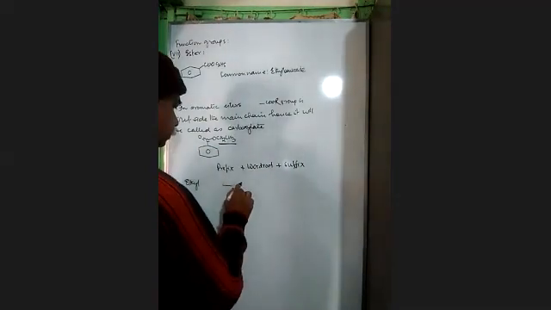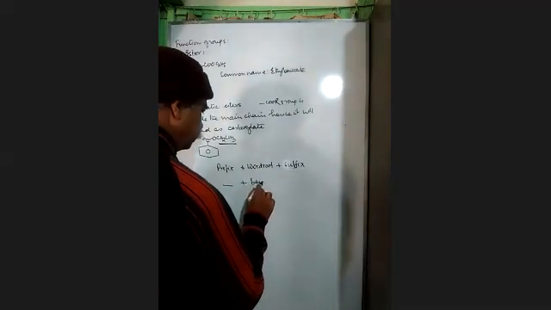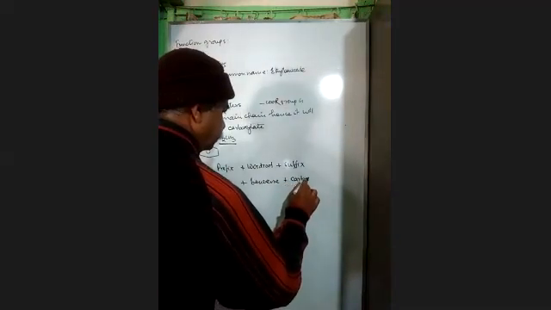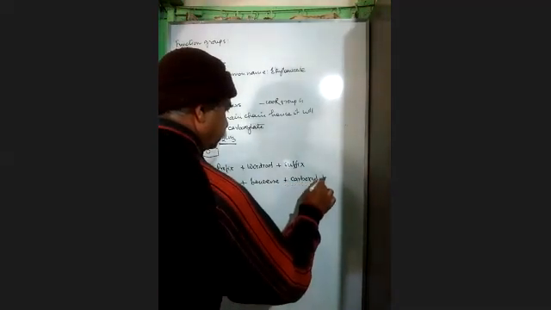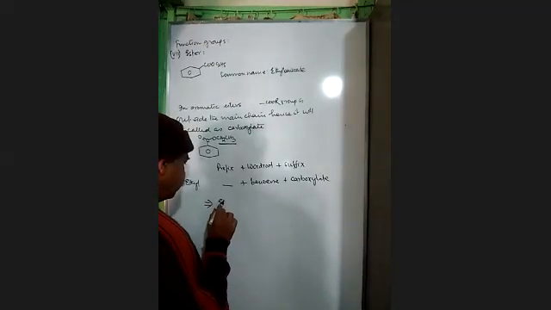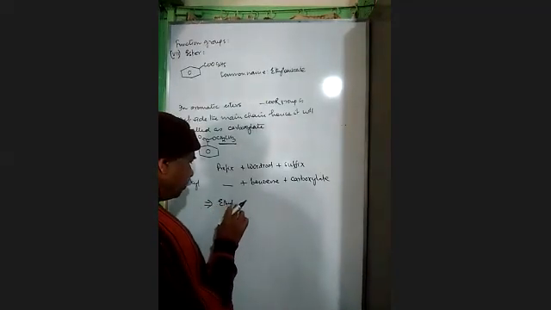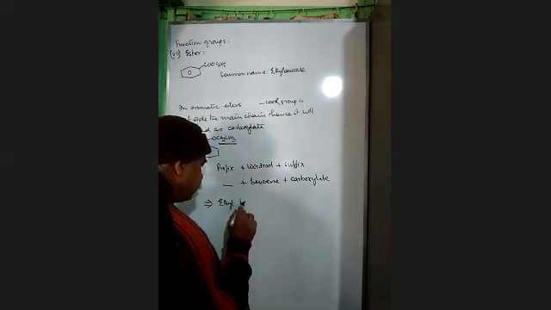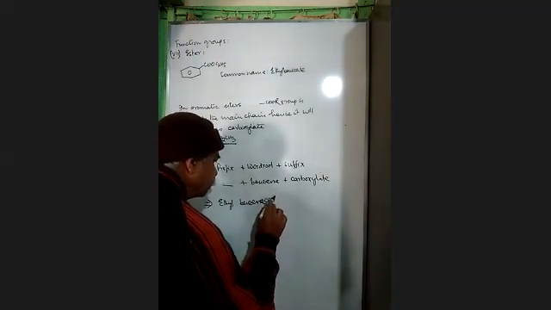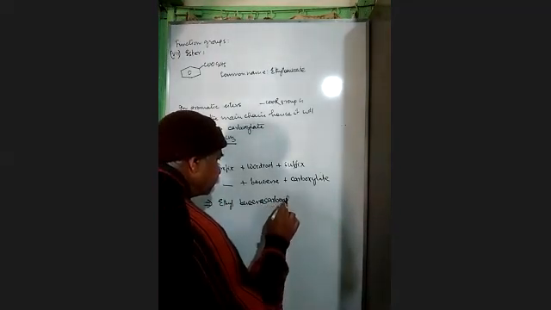Ethyl. It's called ethyl benzene carboxylate. So after ethyl, there will be a gap. We'll put a gap here. Ethyl benzene carboxylate.